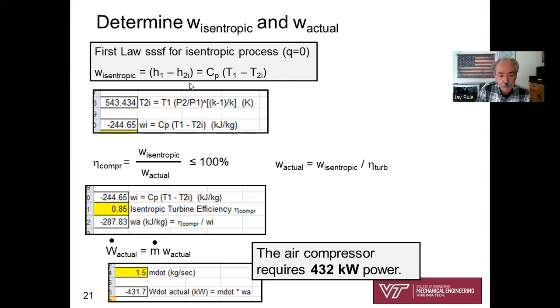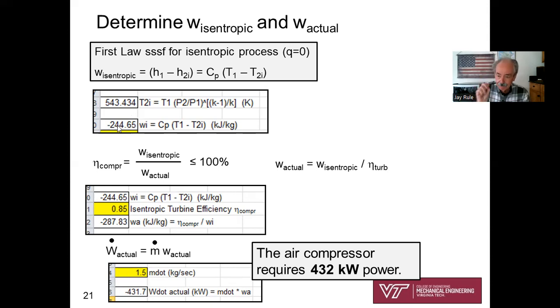Now, H1 minus H2. Ideal gas, constant specific heat. That's just going to be CP times T1 minus T2I. Great. We've got all of these on the right-hand side. So W isentropic is negative 244.65. Does that make sense? Yes, it does. Yeah, negative number.